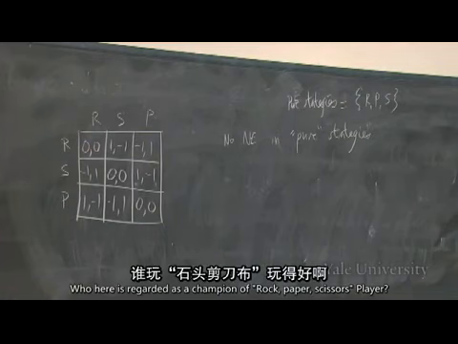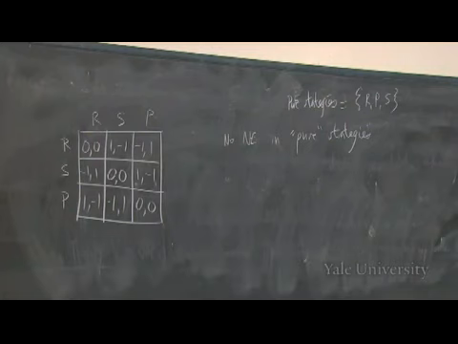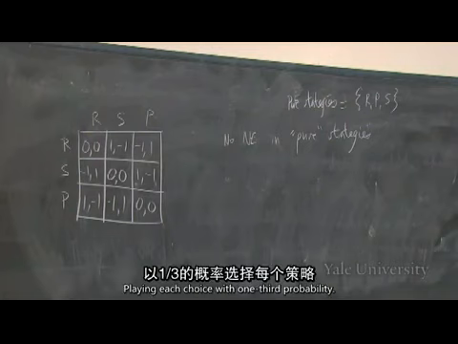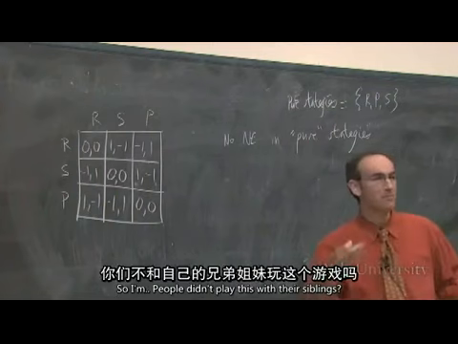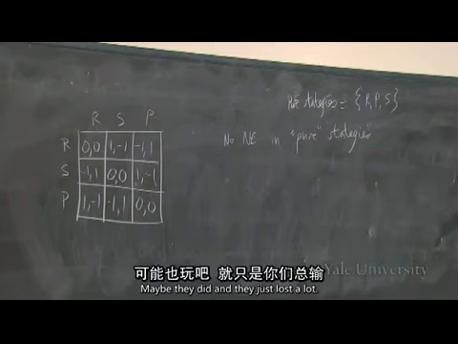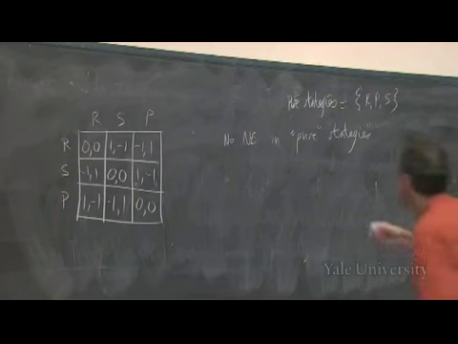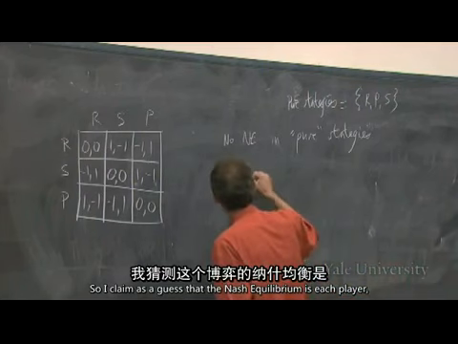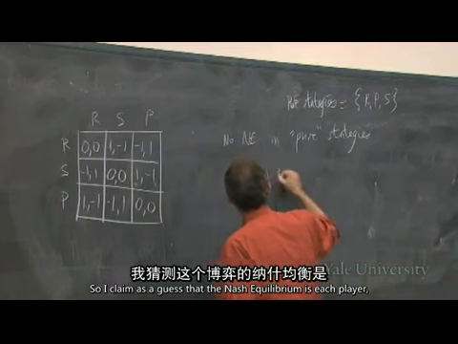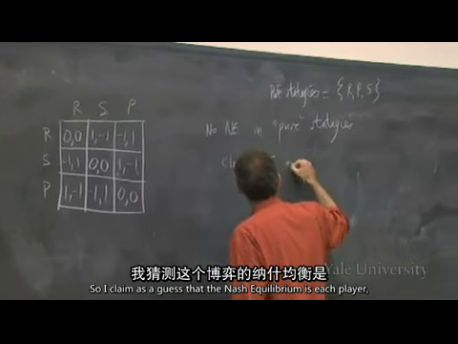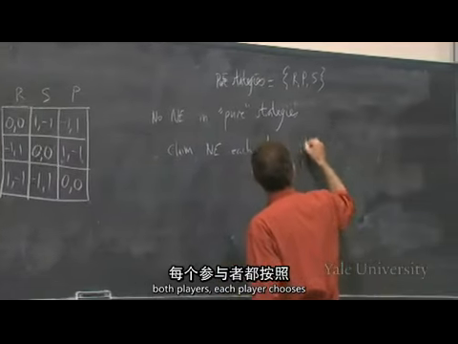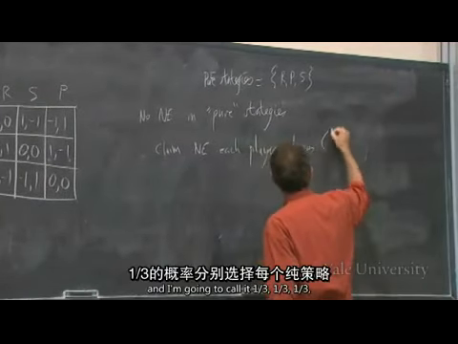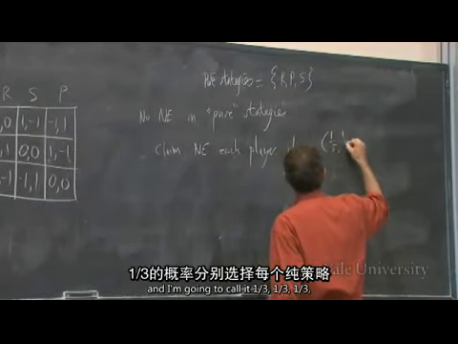All right. Who here regards themselves as a champion rock, paper, scissors player? Playing each choice with 1/3 probability. Thank you. I thought that would be okay. I'm amazed. People didn't play this with their siblings, or maybe they did and they just lost a lot. So I claim as a guess that the Nash equilibrium is that each player chooses each action with probability a third.